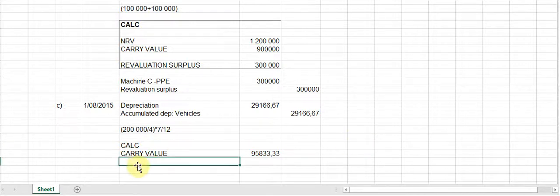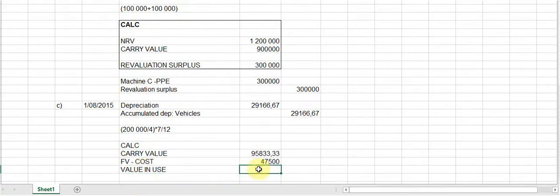Then we need to go and find fair value less cost to sell. If I look at the information provided in note number 5, the fair value of the asset was 50,000 minus the cost to sell, that was 2,500. The value in use was given as 55,000.